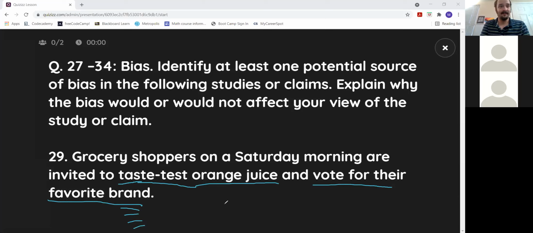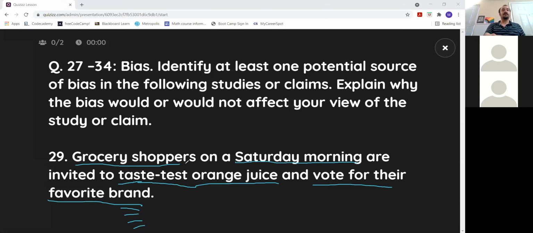I was talking about how they're selecting people. How are they selecting people that's going to create a bias? I know it's 8 in the morning, but are you going to wake up at 8 in the morning on Saturday? I'm not going to be in a grocery store at 8 in the morning on a Saturday. I can tell you that. So I think one of the big things here is this Saturday morning.